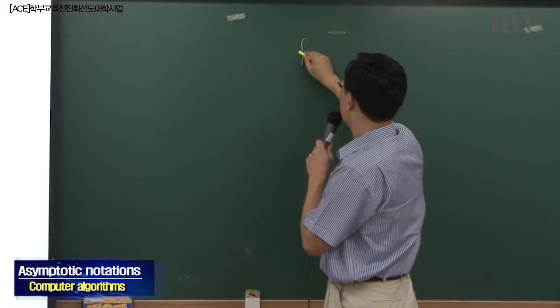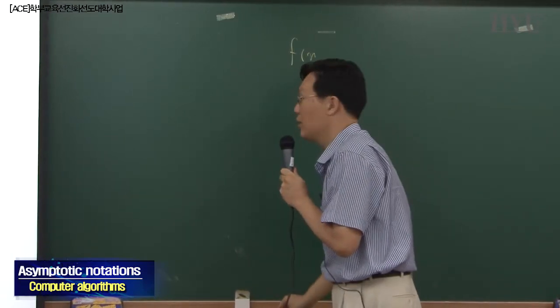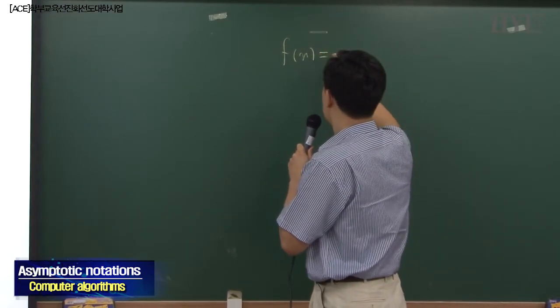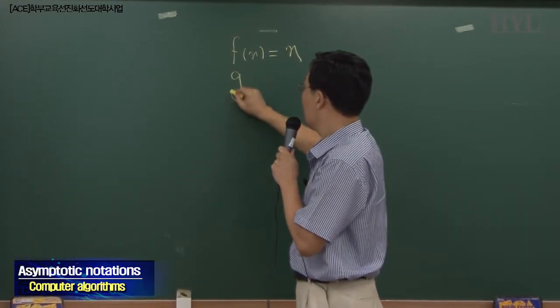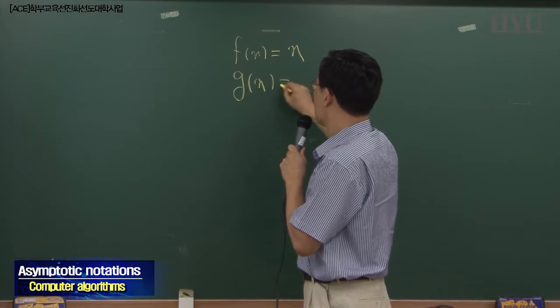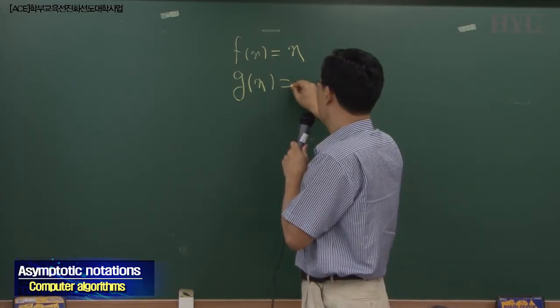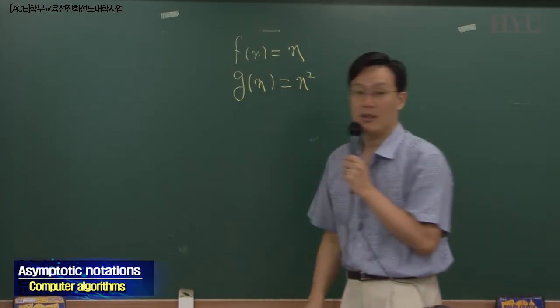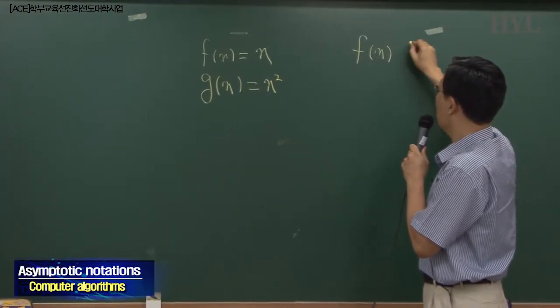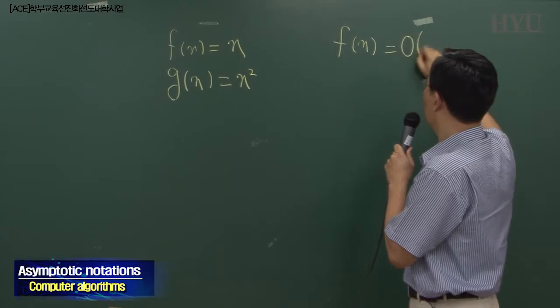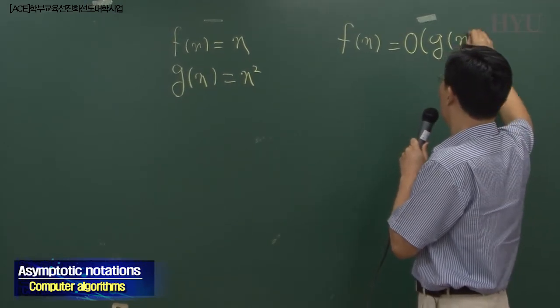Assume that f of n is n and g of n is n squared. Then we can say f of n is big O of g of n.